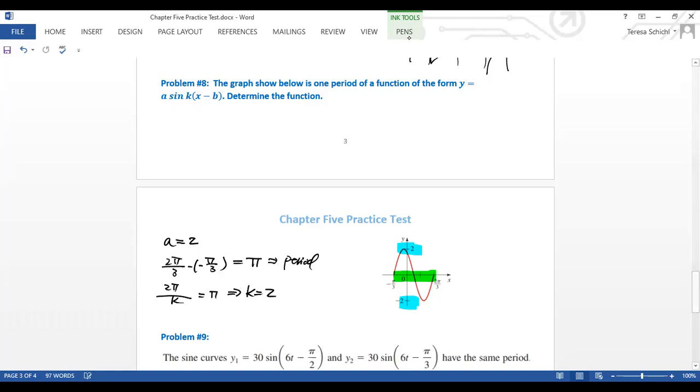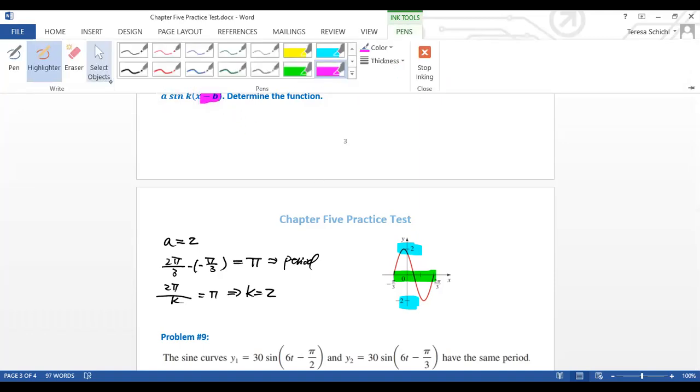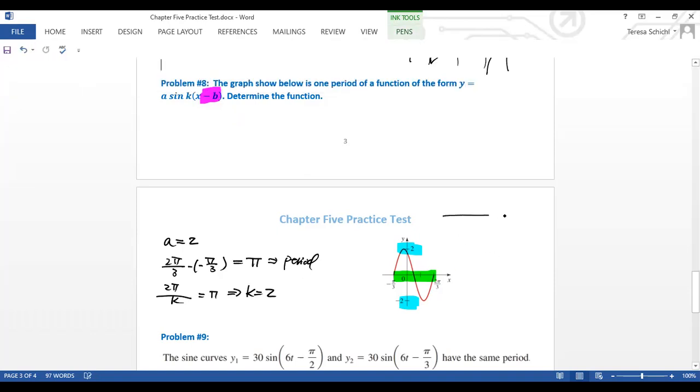And then the next thing here is this number, which is the shift. Obviously, because my sine is starting here, like the parent function, now you shift, you start here. So what is the shift here? I shift to the left, right? Pi over 3.